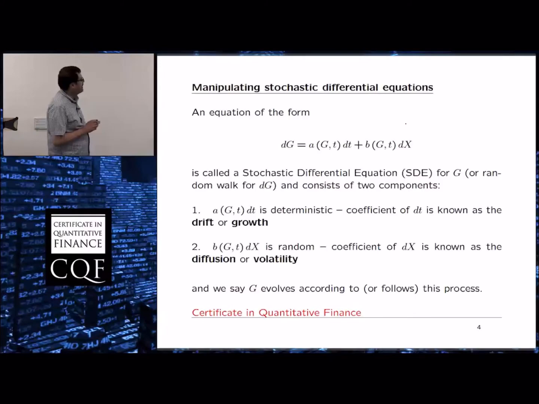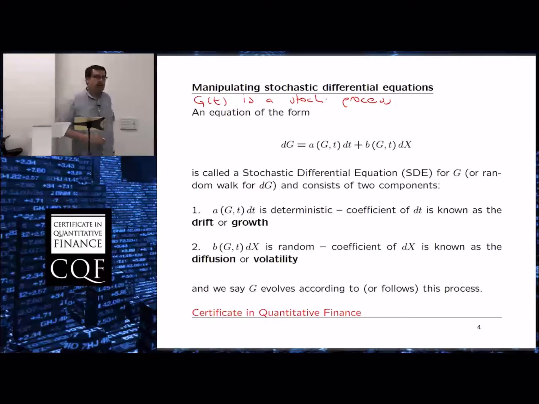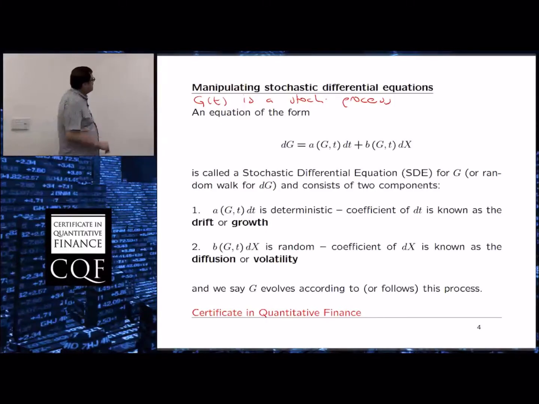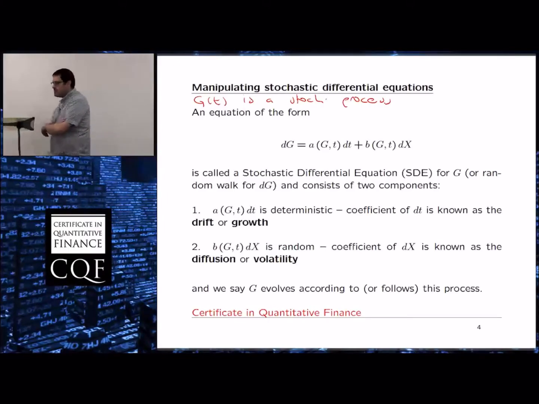So a quick recap. Here's an SDE. Let's start off by saying G as a function of t is a stochastic process. And that equation tells us exactly how G evolves as we go from one time step to the next.